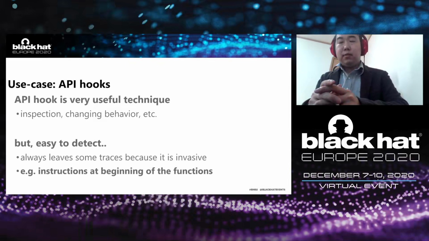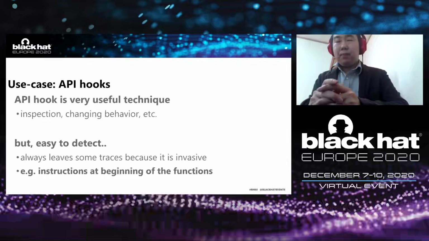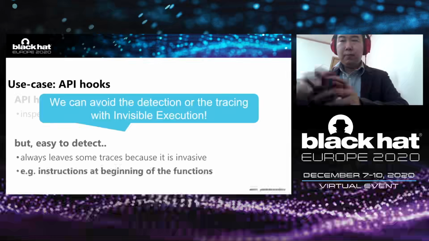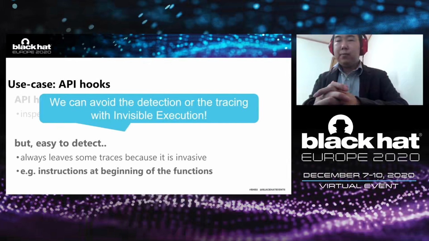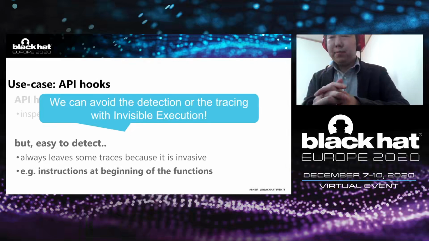For example, code hooking is a commonly used technique. It rewrites instructions at the beginning of the function, so we can detect this by checking the instructions at the beginning of the function. But we can avoid the detection or tracing with our method, invisible execution.